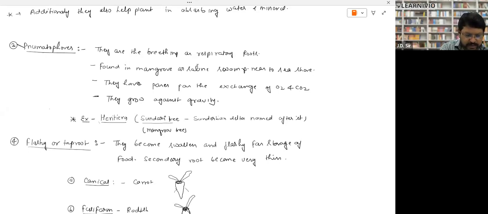Please note down the Sundari tree, the name of the Sundari tree. Have you noted it down or not? Note down, please. This is a question which has been asked.